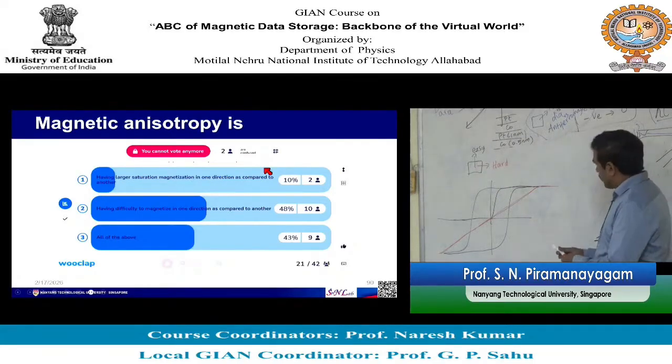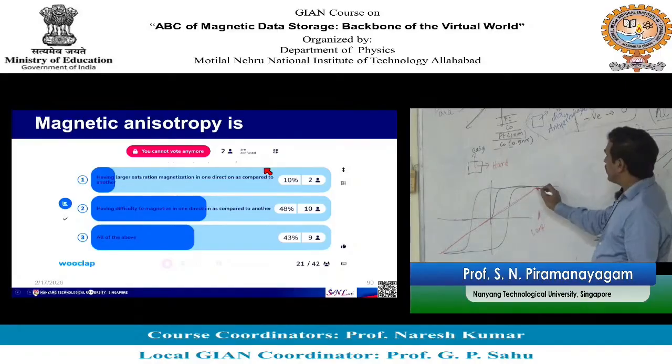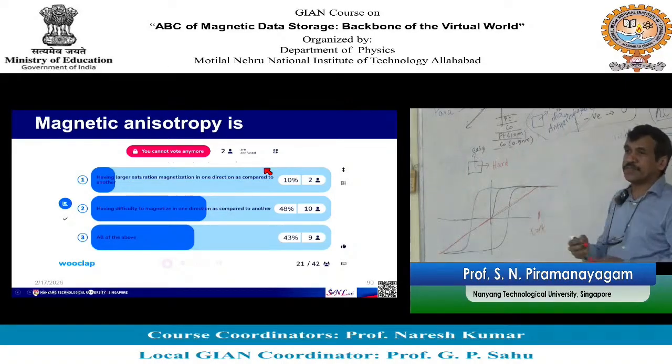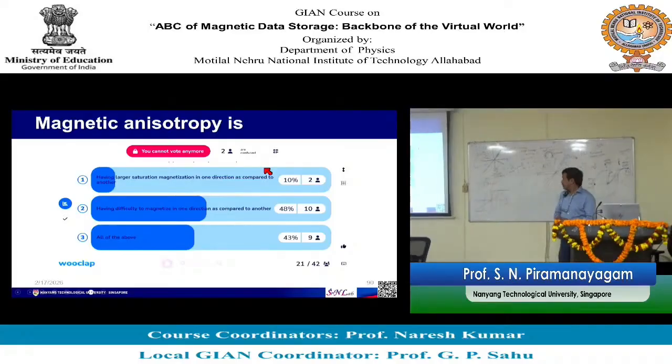Okay, so if I apply a sufficiently large magnetic field, even in the hard direction, I can reach the saturation magnetization. So saturation magnetization cannot be different. Under a very large magnetic field, I can force all the magnetization to be along the hard direction.